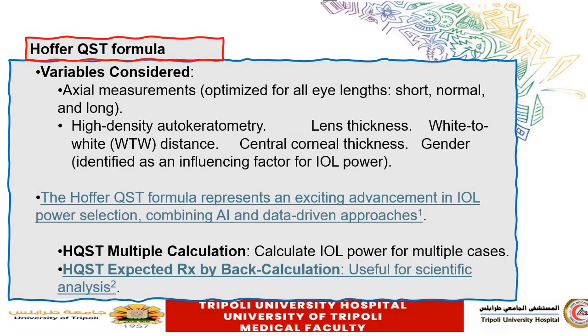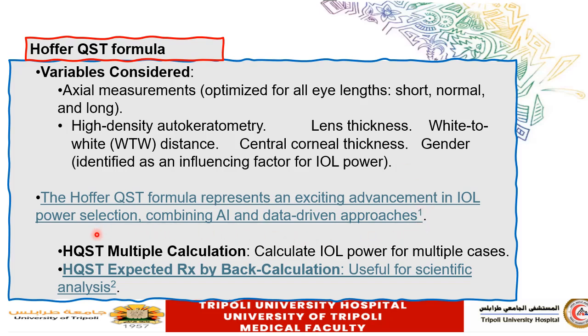The Hoffer QST uses the same variables as the traditional Hoffer Q formula, but it adds gender as an important variable, along with the central corneal thickness and the white-to-white diameter. And based on artificial intelligence, it predicts the effective lens position using what's known as pattern recognition.